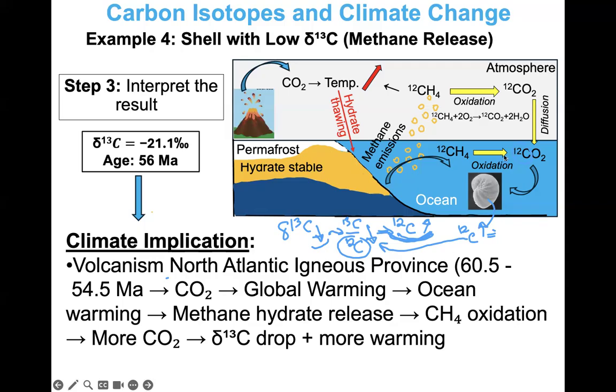CH4 will be oxidized to CO2, and this will be taken by the shell. So more CO2, especially the one that has C12 here. And this means that the water will be C12 rich, and this will cause delta 13C to drop, which means also more warming.